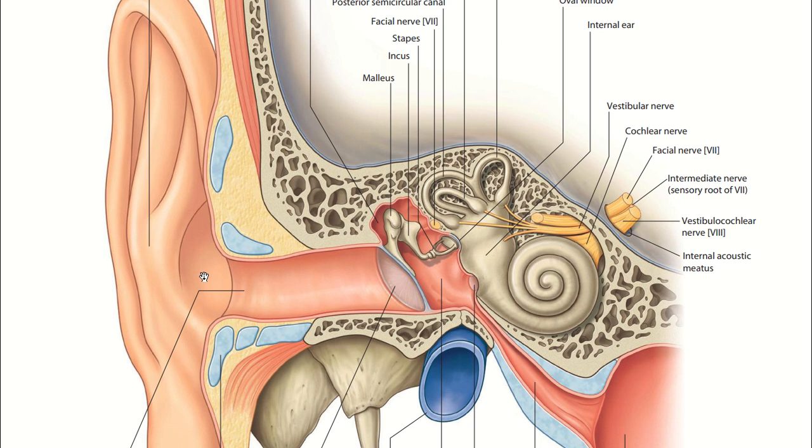The lateral one third is made of cartilage, and you can see the rims of elastic cartilage. Within the lateral third, the skin has numerous sweat glands, numerous sebaceous glands, hair follicles, and special glands of the ear called ceruminous glands, which are modified apocrine glands. Which is very important.